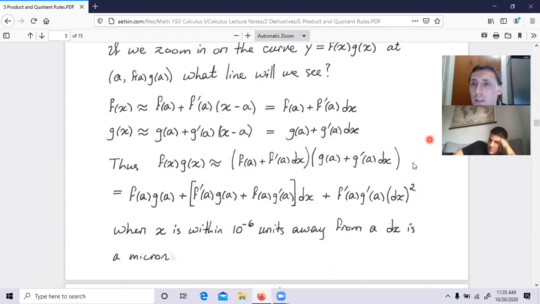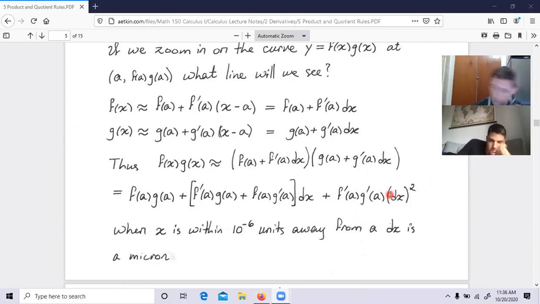Can you see dx squared under a millionfold magnification? When dx is one millionth of a meter, I zoom in, it is as large as a meter. It's big. Now dx squared will be what compared to it? Very, very small. So under a million magnification, will I even see the dx squared factor? That's my question. Do you understand, guys?